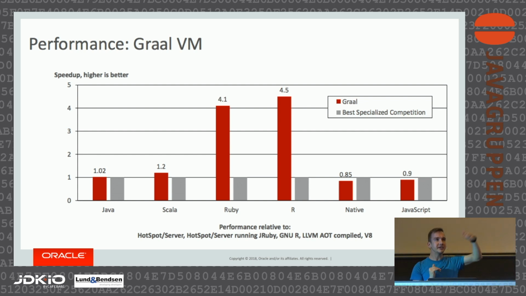As soon as you deviate from that path a little bit, and you use a different programming language, the bytecode patterns could change, and then C2 might not be as excellent at optimizing those. So for example, for Scala programs, we typically get approximately 20, 25, 30% of performance boost, which is quite amazing if you think about it. For other languages which are not known to be super fast, the performance benefits are quite amazing.